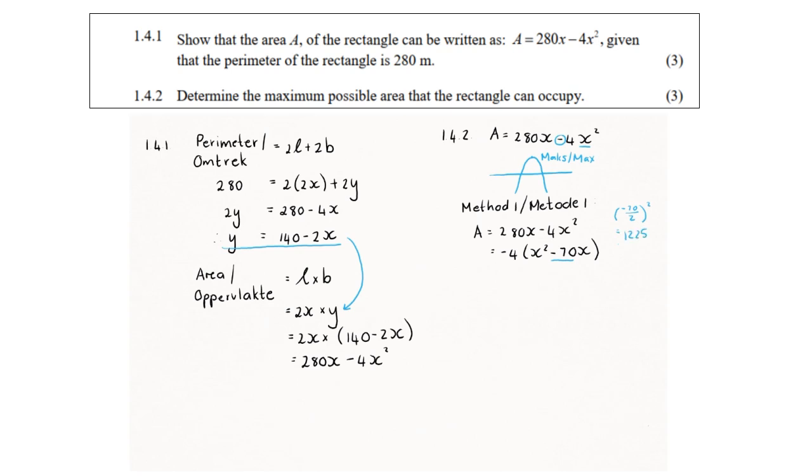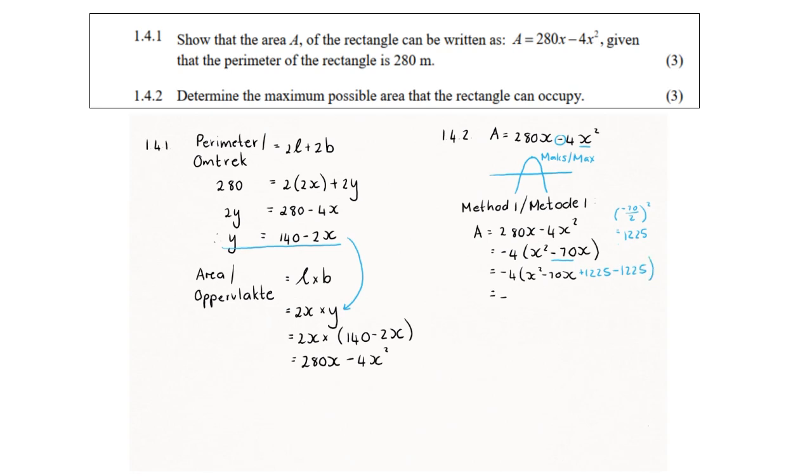And the square of negative 35 is 1225. This we are going to add to the expression in the brackets and subtract from the expression in the brackets. And since you add and subtract, you are not changing the value of the expression.